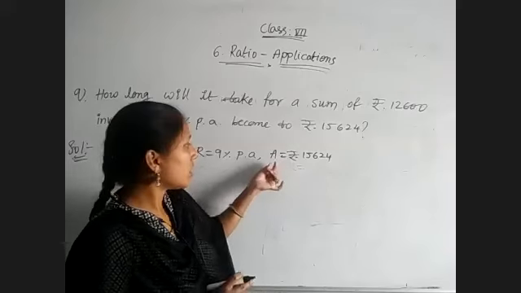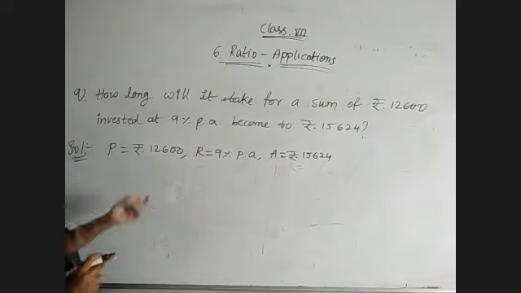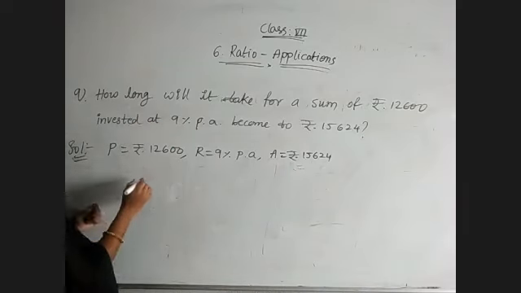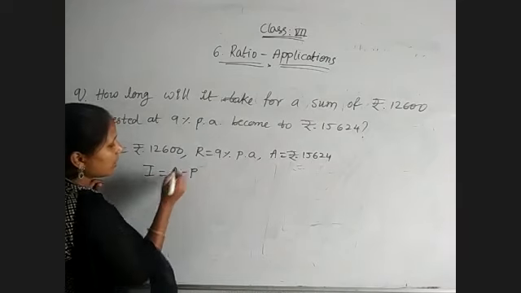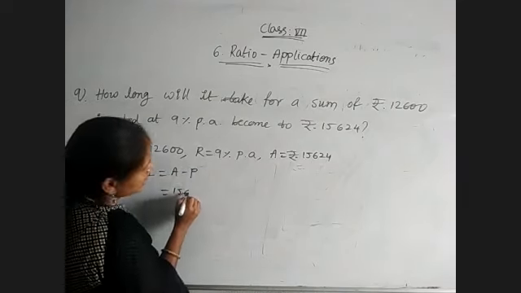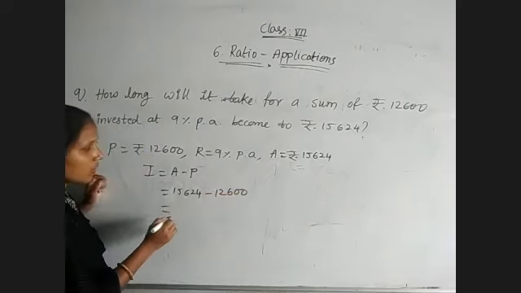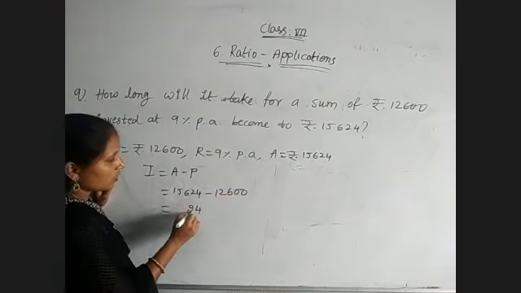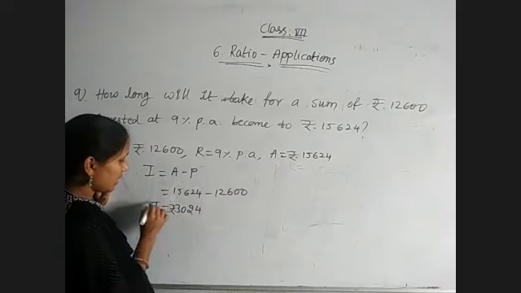Now by using amount and principal we can find out interest first, after that time. So interest is equal to amount minus principal, that is 15,624 minus 12,600. So we get 3,024 as the interest.